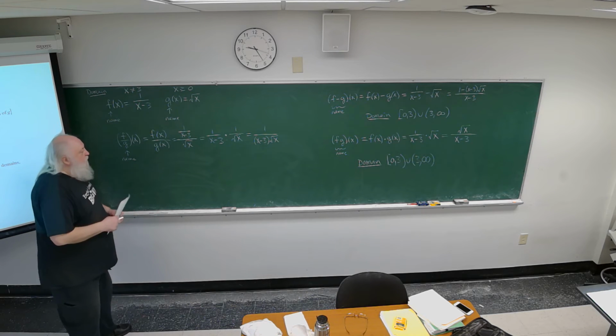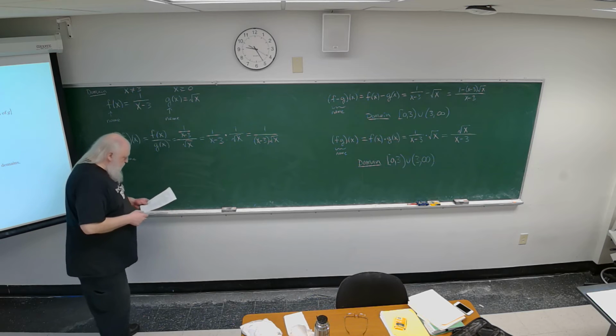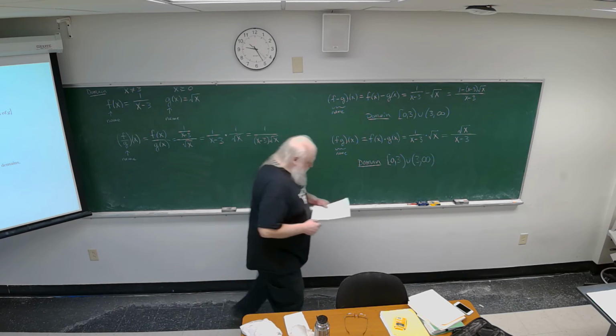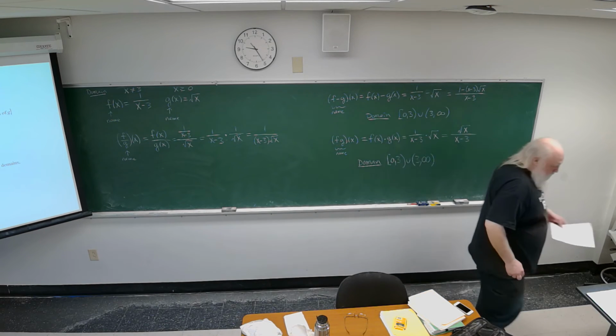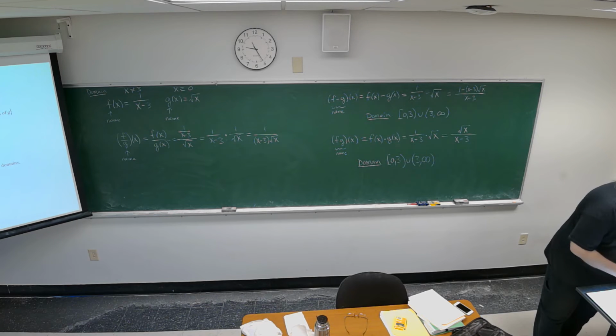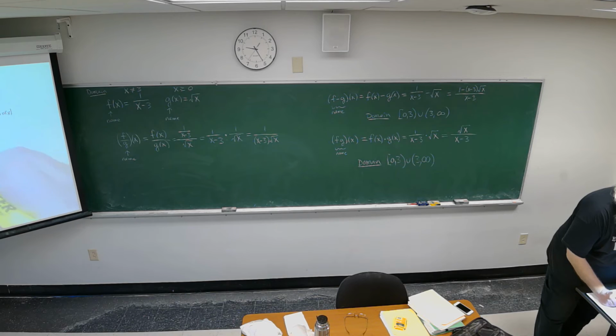So your notes up here say the function f over g is defined whenever both f and g are defined and g of x does not equal 0.